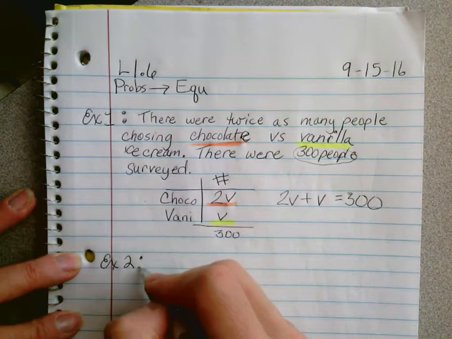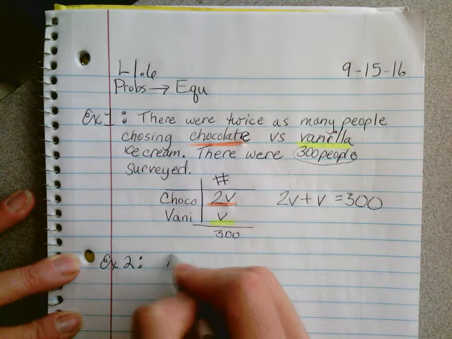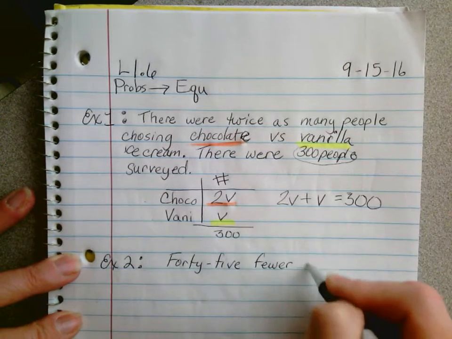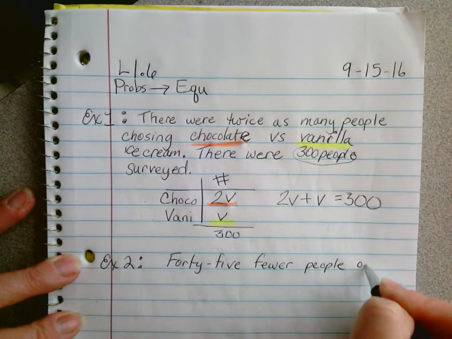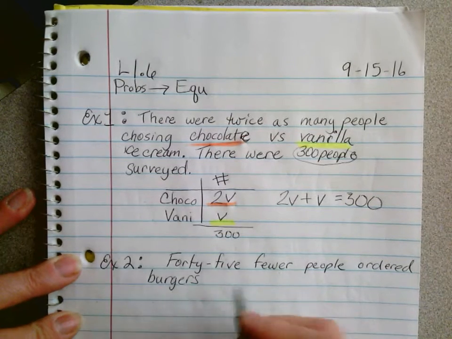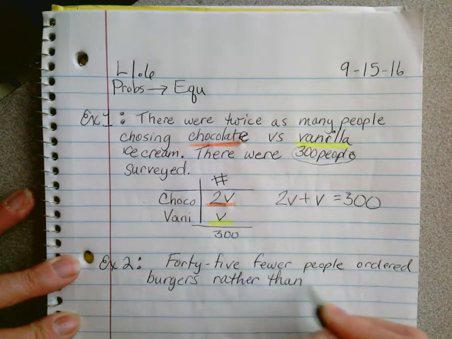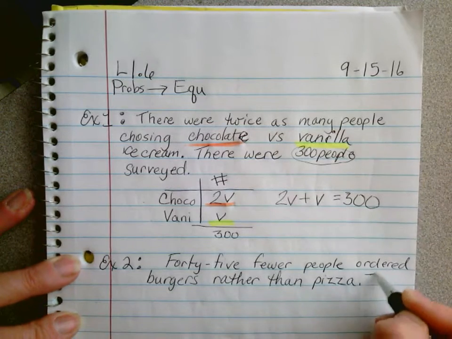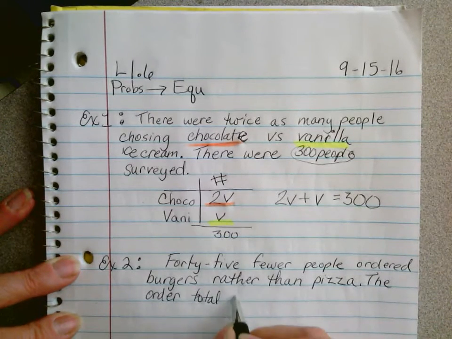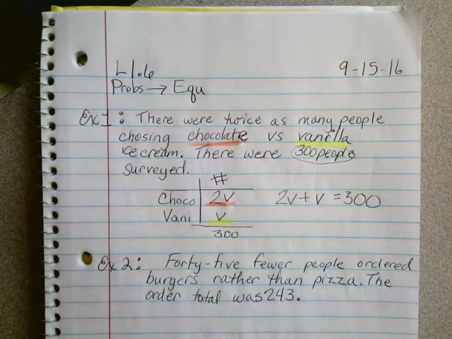A kind of similar story anyway. 45 fewer people ordered burgers rather than pizza. The order total was 243.